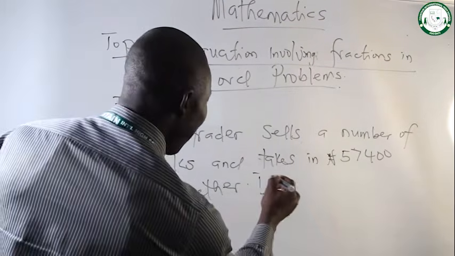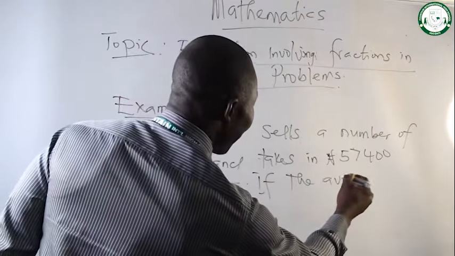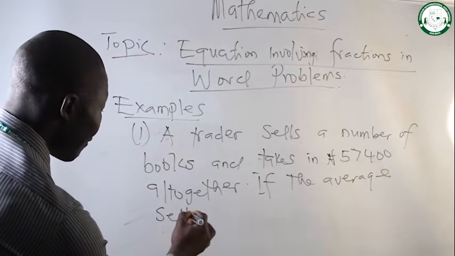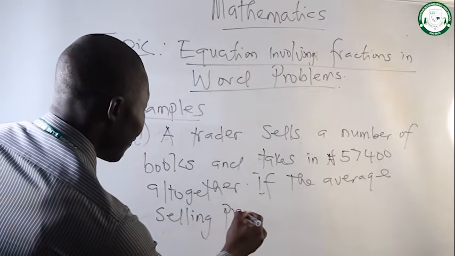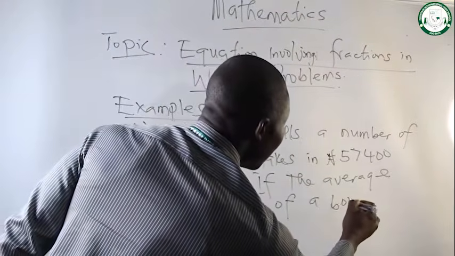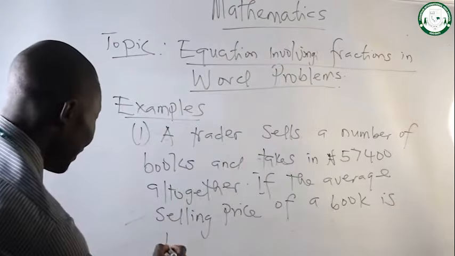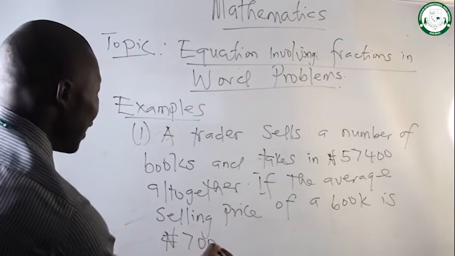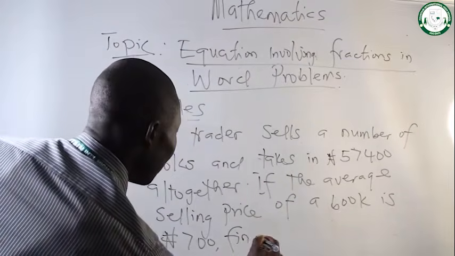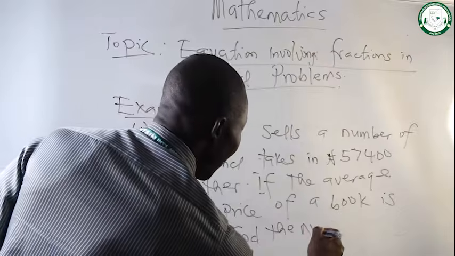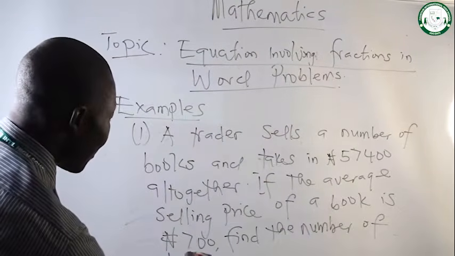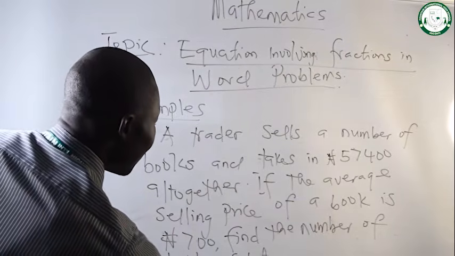Now, if the average selling price of a book is 700 naira, find the number of books sold.